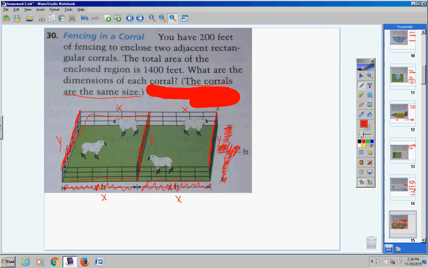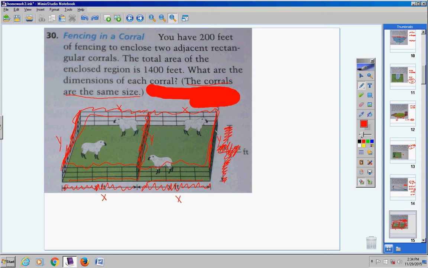So here's what you do. See all this fence that you use? See the fence that goes from here to here to here to here to here to here and down. All that fencing you used was how much? 200 feet. Got it?